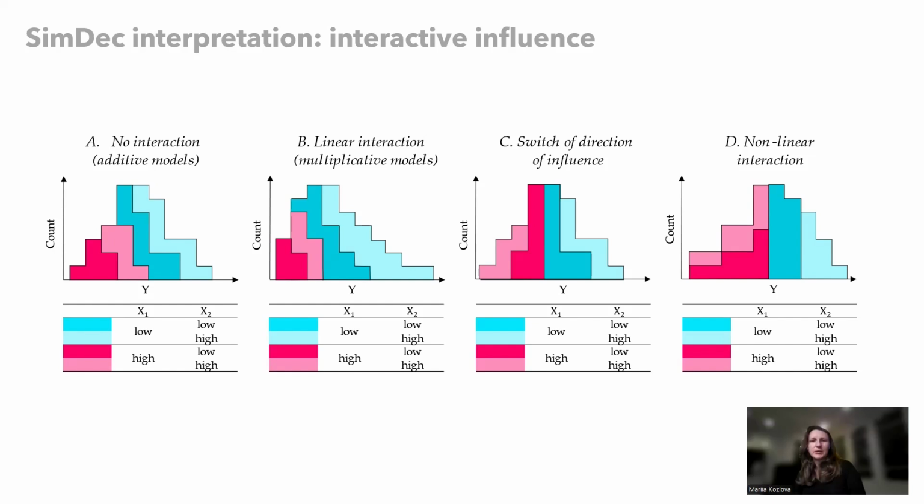That's true. And it's a very critical part that differentiates SimDec from all the other methods existing, because that's the part, yes, a bit difficult to interpret perhaps, but that's the part which allows you to pose open questions about the behavior of your model.